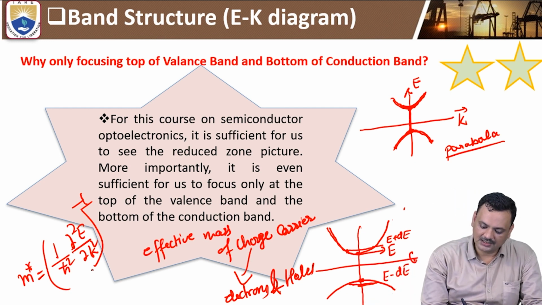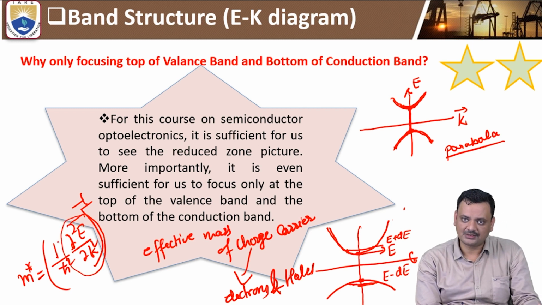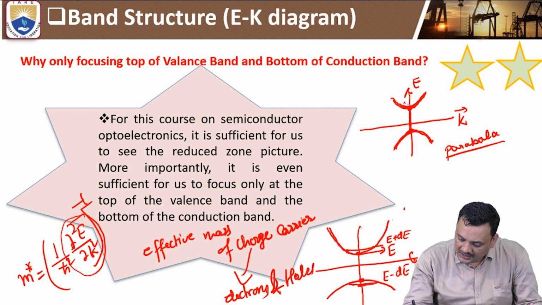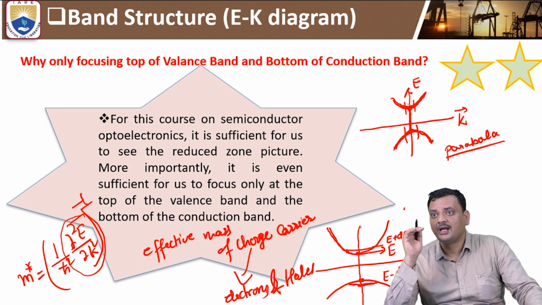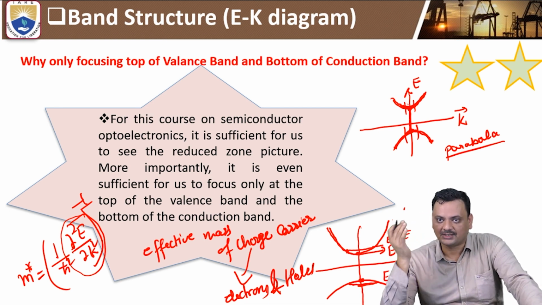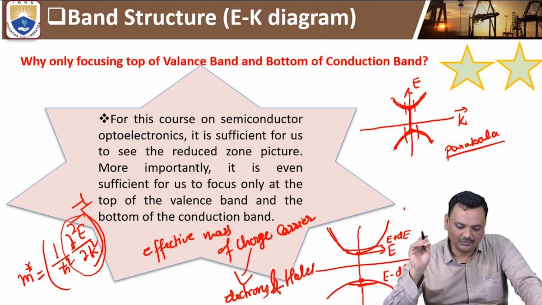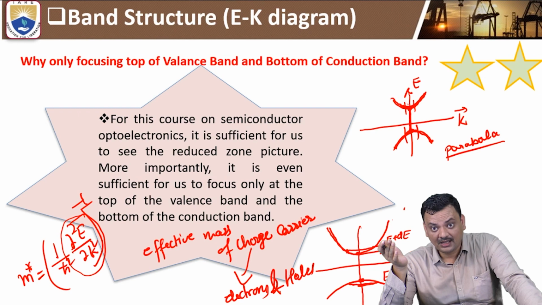So how will you get this? Only if you consider this parabolic approximation very close to the top of valence band and bottom of conduction band. So why only focus on top of valence band and bottom of conduction band?